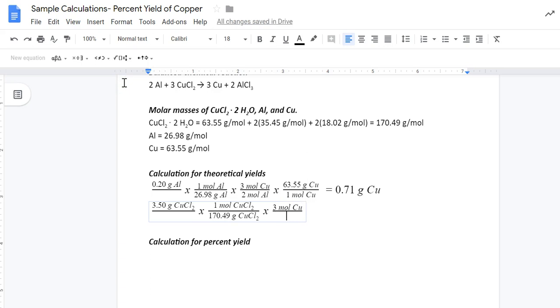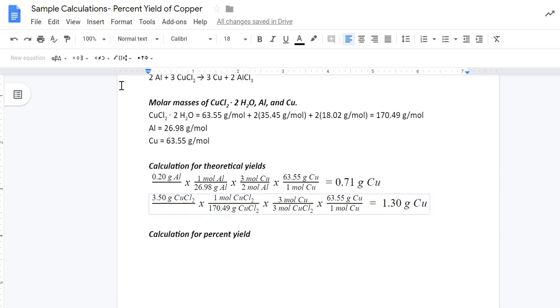Based on my balanced reaction, I can produce 3 moles of copper for every 3 moles of copper 2 chloride. And then lastly, we're going to multiply by the molar mass to solve for grams. My given has 3 significant figures, so I'm going to round my answer to 3 significant figures.